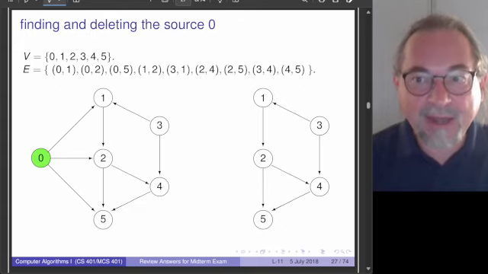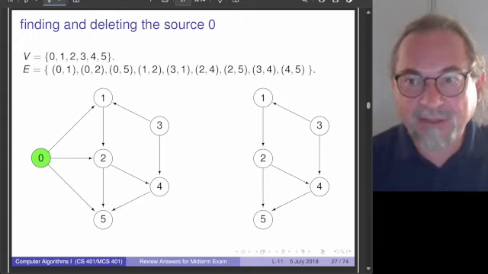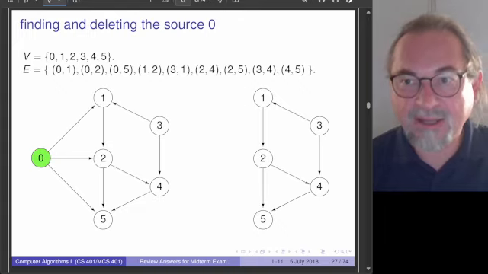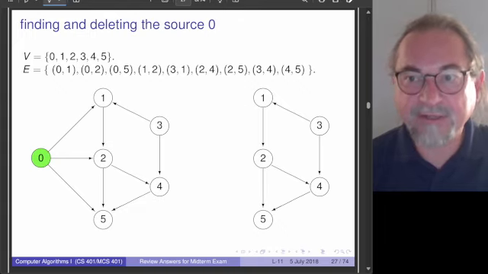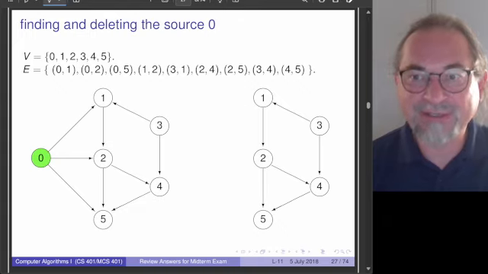We have a directed acyclic graph if there is a source, at least one source. A source is a vertex that has only outgoing edges.